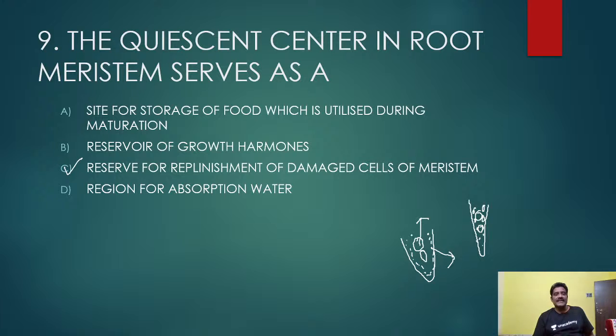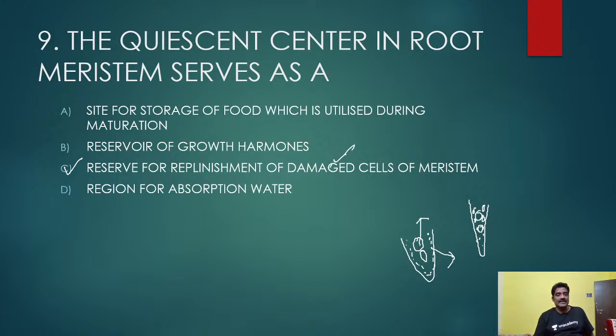Those cells are present at the center. They do not divide, they become permanent. When there is a need, they again divide and form new meristematic cells. This happens only when meristematic cells are damaged. So, reserve for replenishment of damaged cells.